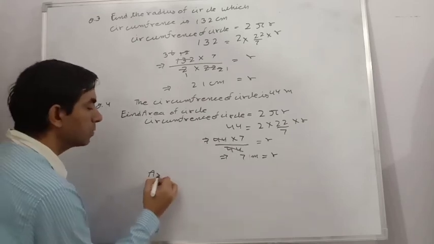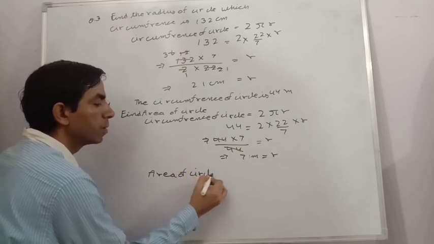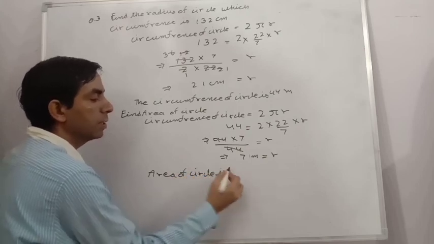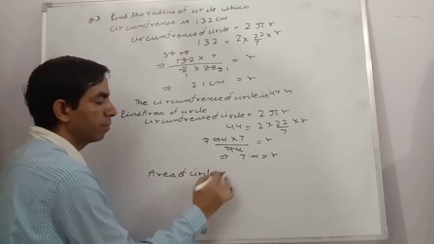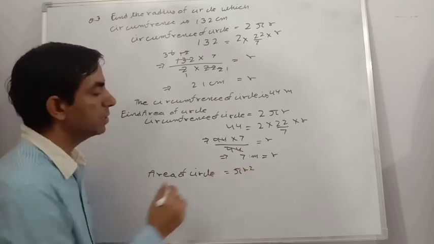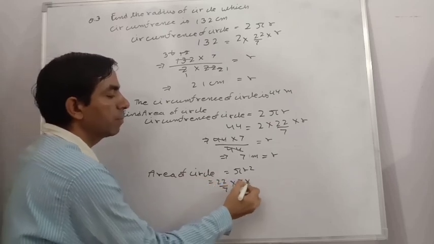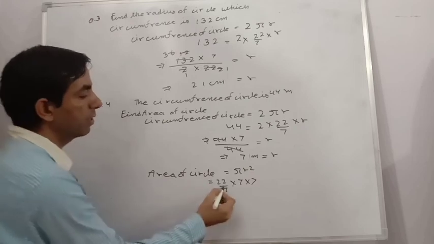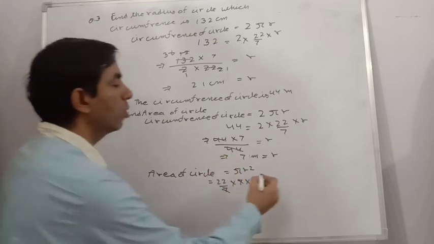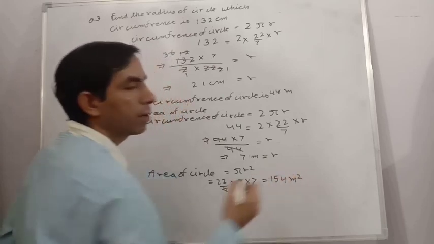So area of circle is pi r square. Pi r square means write the value 22 upon 7 multiply 7 multiply 7. Now 7 is cancelled, multiplied, then we get 154 meter square.